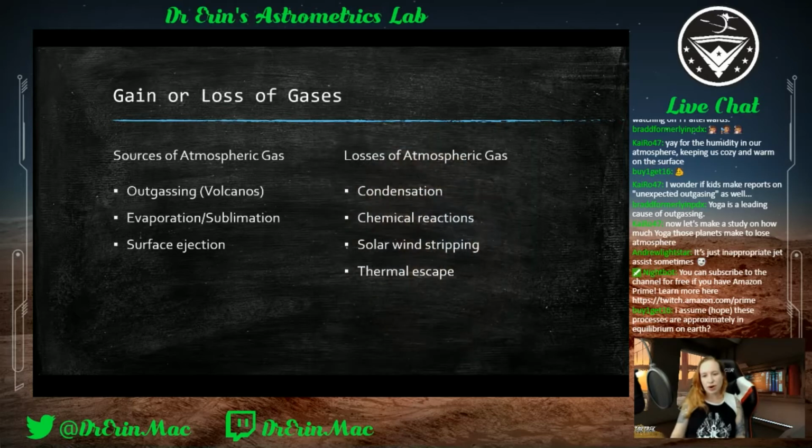Yeah, so are these processes approximately in equilibrium on Earth? I would say yes, and approximately in equilibrium for most systems that have a stable atmosphere. So I say stable atmosphere, because when we talk about studying planets that are losing atmosphere at a rapid pace, or gaining it at a rapid pace, you mostly would gain atmosphere at a rapid pace early on in the solar system's formation.